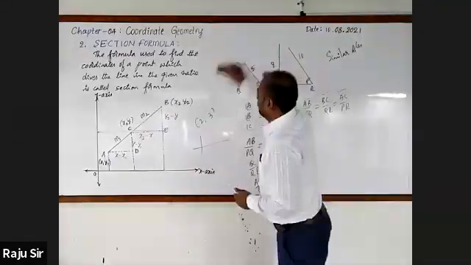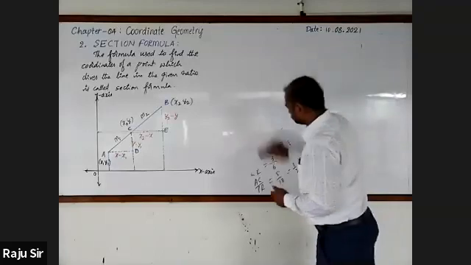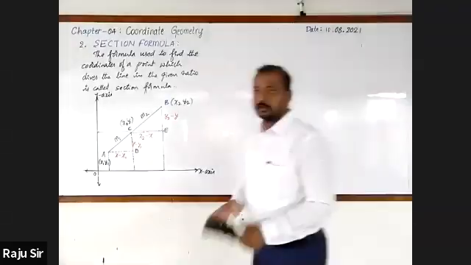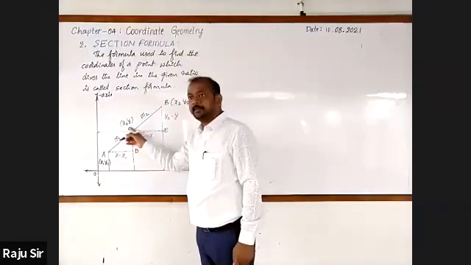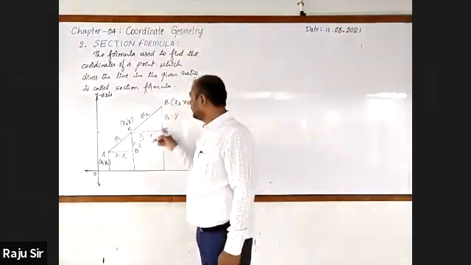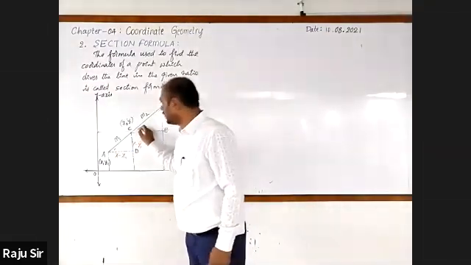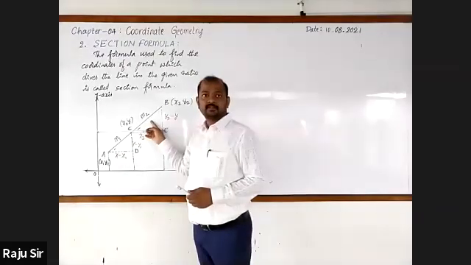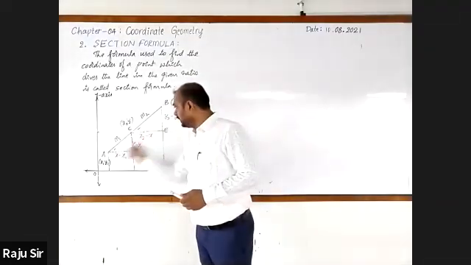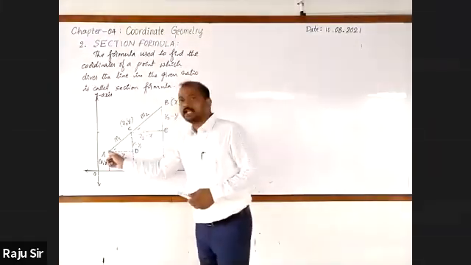Now, I'll go for taking both the triangles. Don't copy, just observe. The triangles are ADC and CEB. Can we say that these two angles are equal? Yes, sir. Reason: corresponding angles, because CE is parallel to AD, both are parallel to the x-axis. Then this will be a transversal.